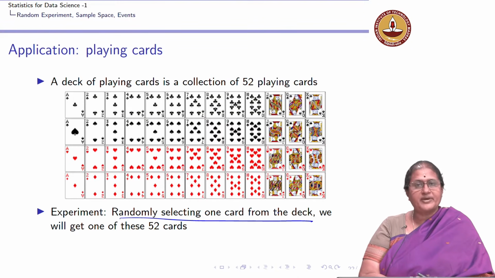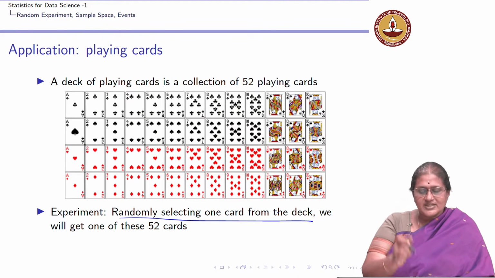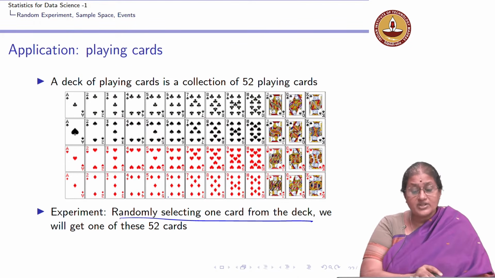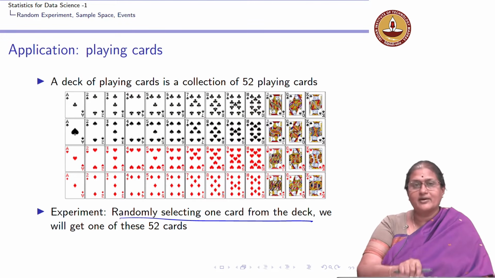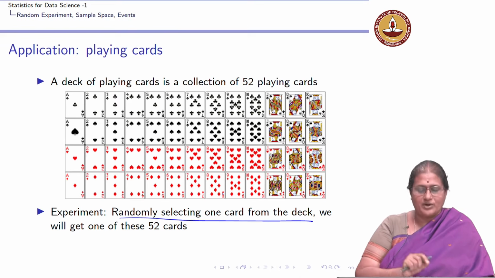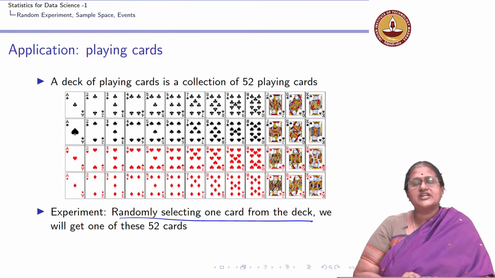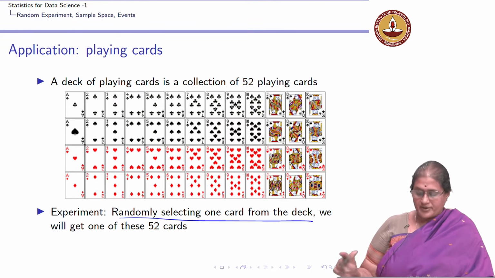Why is it a random experiment? Because I am choosing one card. I know this card can be any one of these 52 cards. I know these are the possible outcomes of the experiment, but I really do not know what the outcome is. Hence, randomly selecting one card from these 52 cards will form my random experiment.